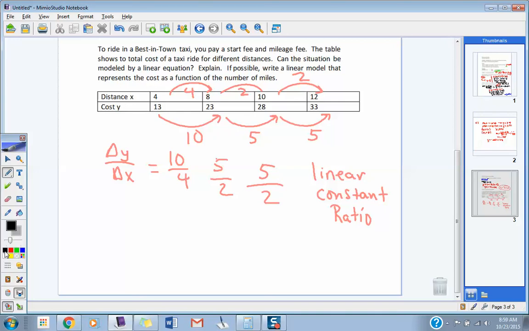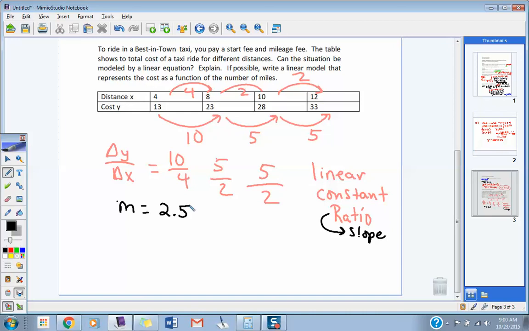All those constant changes are just a slope. So somebody punch this up. What is 5 divided by 2 or 10 divided by 4? 2 point what? 5. Slope's 2.5.